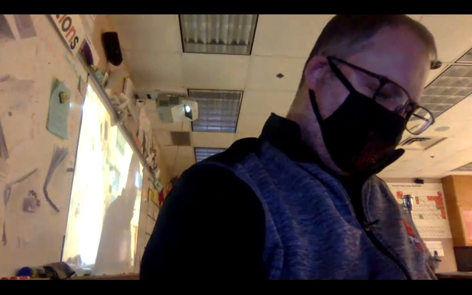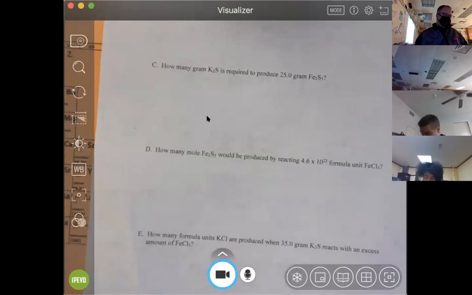Mr. Jackson, on page 4, can you go over question E? I can. Question E. Formula units is an easy way to say particles.